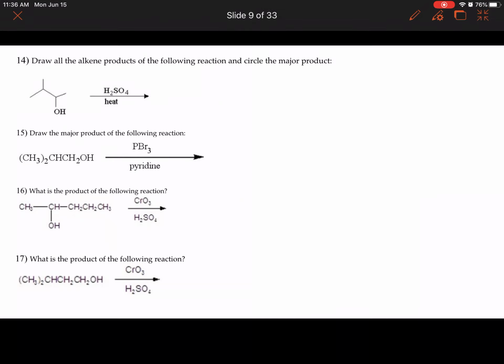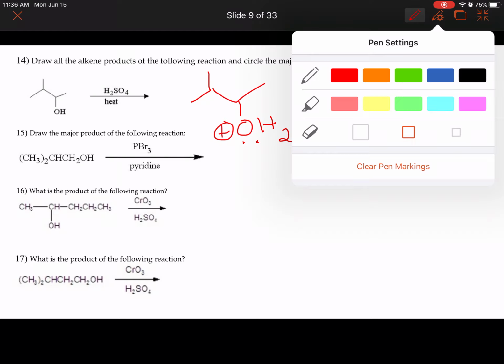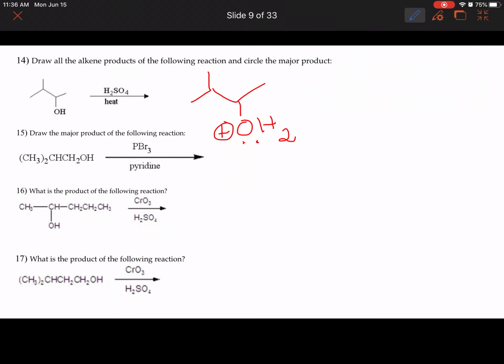If you draw this molecule OH, again, since we are in the acidic medium, the first step would be protonation of the alcohol. Okay, and then you have hydrogens that can be removed. There are 3 hydrogens there, and then you have another hydrogen here.